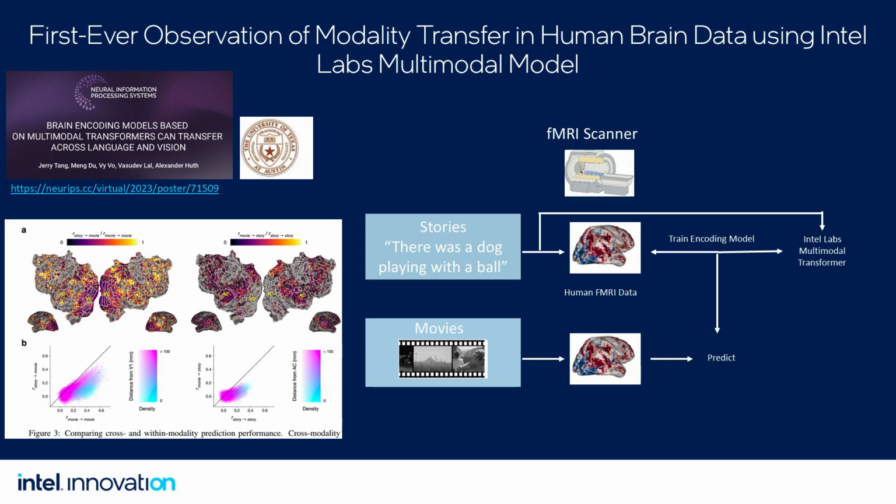I also want to briefly mention our work with the neuroscience team at UT Austin that was featured in a paper at NeurIPS last December, where we demonstrate the first ever modality transfer in human brain data. So we have a flowchart here on the right where we can see that we had human subjects listening to stories in a fMRI scanner.